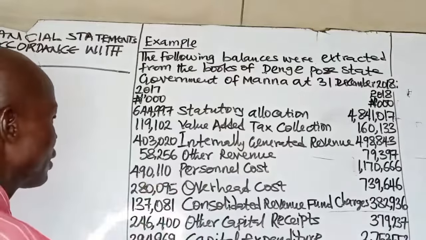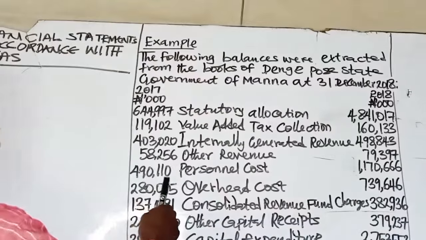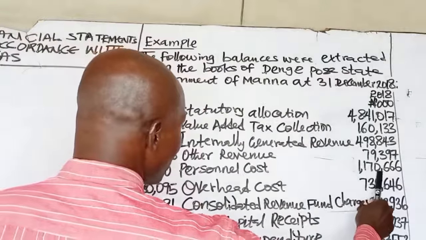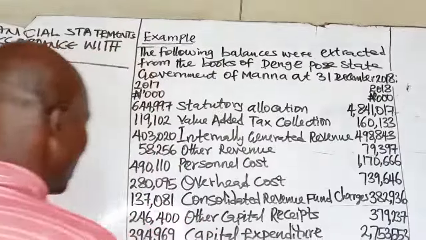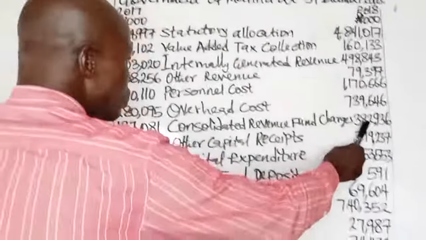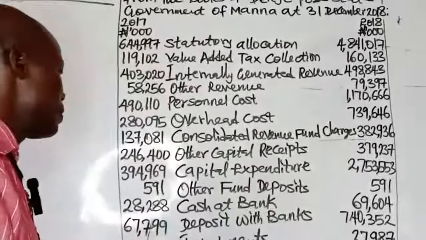Personnel cost, 2017, 490,110 and 1,170,666 for 2018. Overhead cost, 2017, 280,095, 739,646 for 2018. Consolidated revenue fund charges, 2017, 137,081 and 382,936 for 2018.